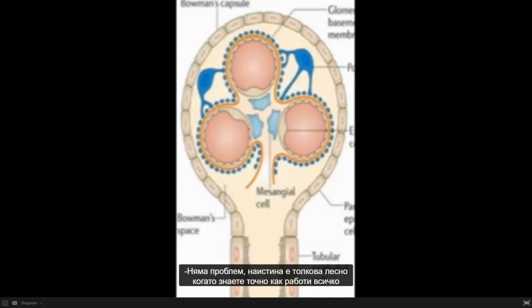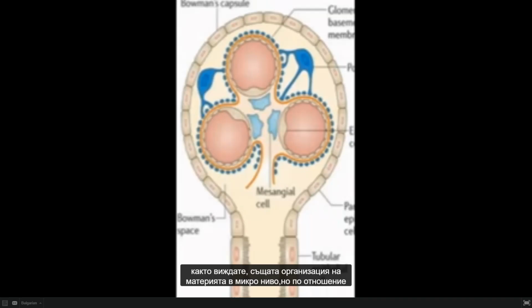Yeah, you're welcome. It is really so easy when you know precisely how everything works, because everything is completely the same. It is just adjustable because of function. And then at the macro level, it takes another shape. But at the micro level, it is the same organization of matter.